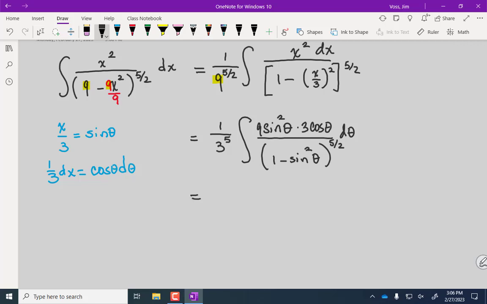And notice in the numerator here we have 3 3's. 9 is 3 times 3. We have 3 3's. Down here we have 3 to the 5th, so we're going to be left with 2 3's, which is 9. What should the power in cosine be? Squared. And then that's all raised to the 5/2.